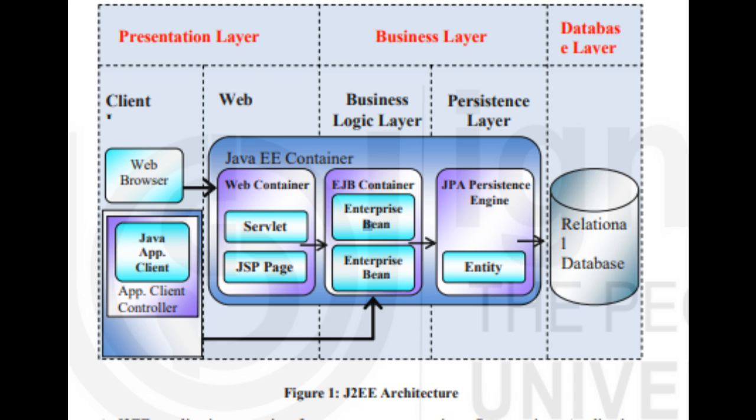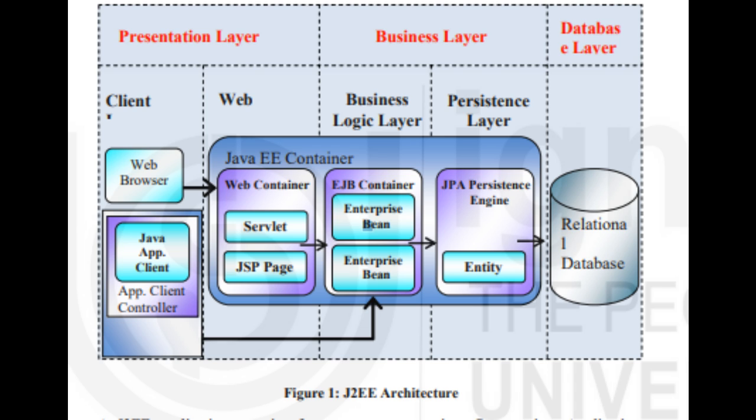The Java Enterprise Edition platform resides on top of the Java Standard Edition platform. The J2EE platform is a set of services, application programming interfaces, APIs, and protocols. J2EE is used to develop and deploy multi-tier web-based enterprise applications using a series of protocols and APIs.